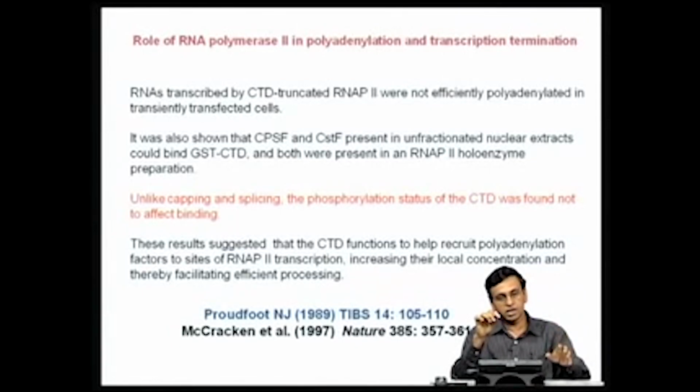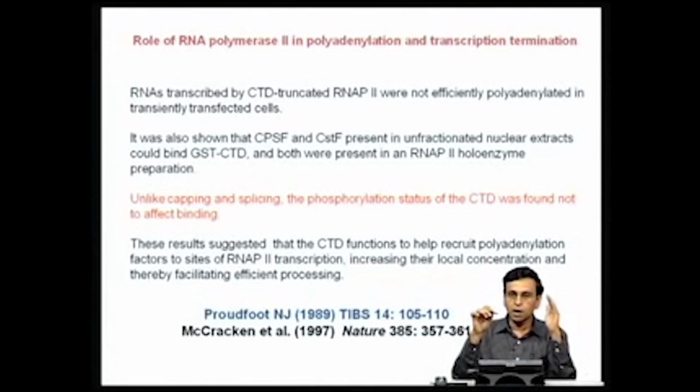These biochemical experiments, coupled to the in vivo experiments I told you about earlier, that if you truncate the CTD the efficiency of polyadenylation is very low, clearly indicated that the RNA polymerase II C-terminal domain is probably very essential for polyadenylation to take place.